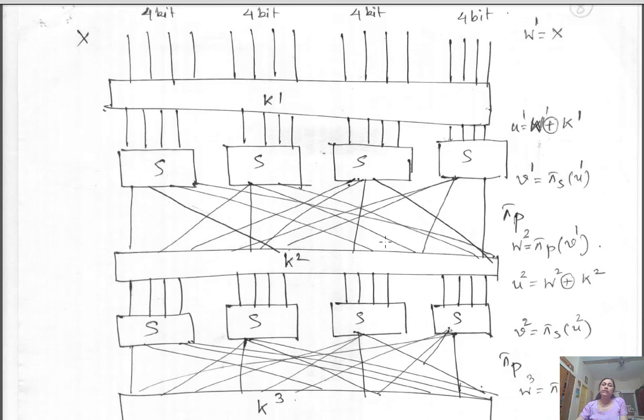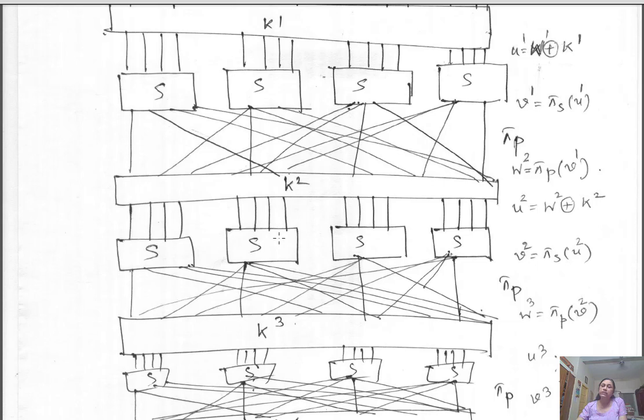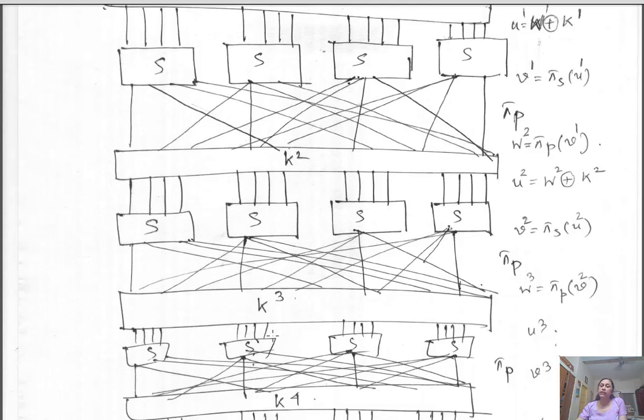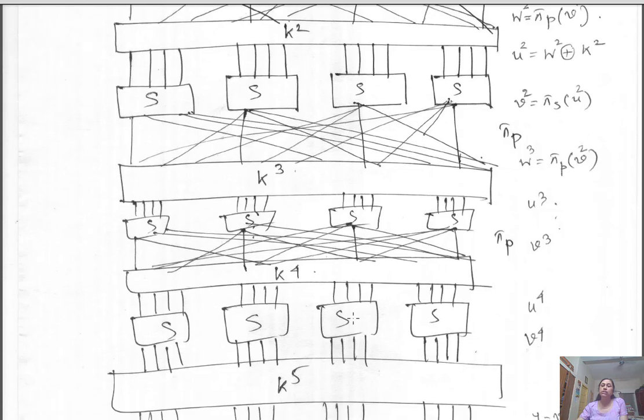Okay, so this thing we repeat again with the round key K2, so it passes through the substitution box, shuffle, then it is XORed with round key K3, passes through the S box, shuffle, and then it is XORed with K4, passes through the substitution box.